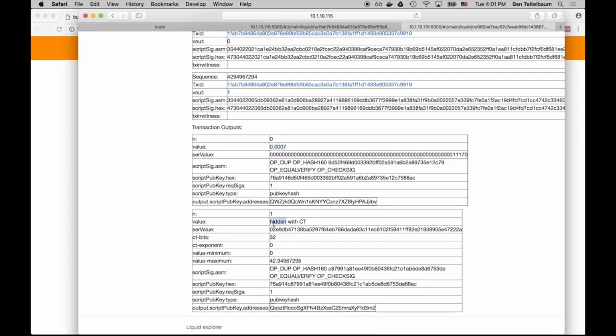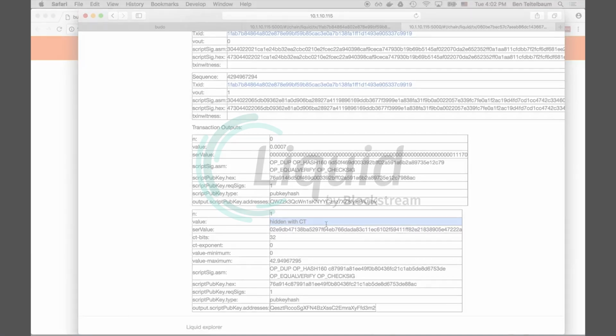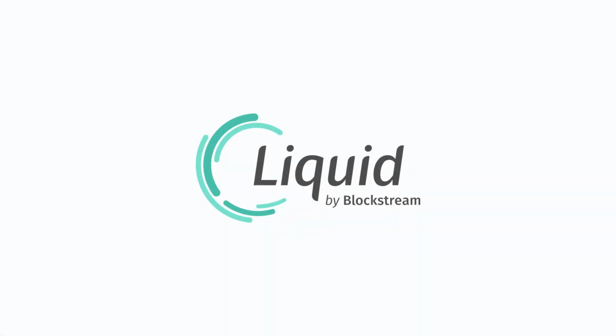And that value is still hidden because by default, a Liquid wallet will automatically use a confidential address unless it's told otherwise. And so the change output, as well as the input to this transaction, both values are hidden. And so a third-party observer like a block explorer can't see anything except the main output that was sent to a non-confidential address.